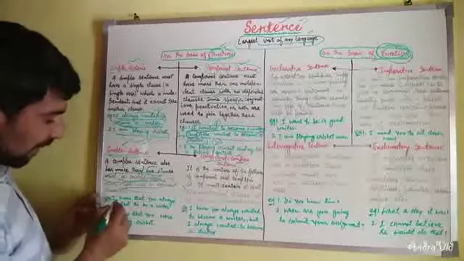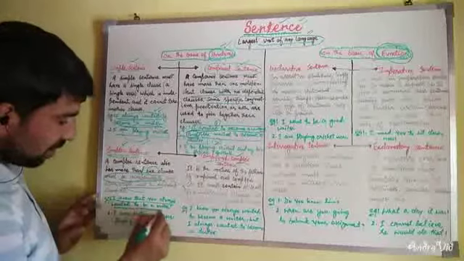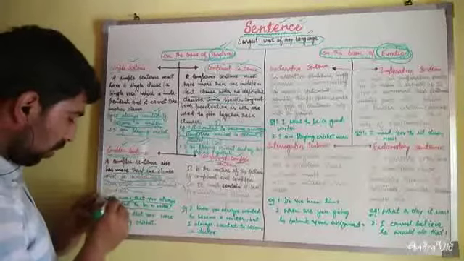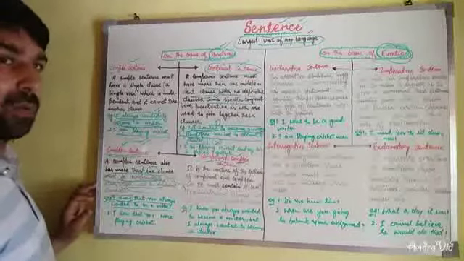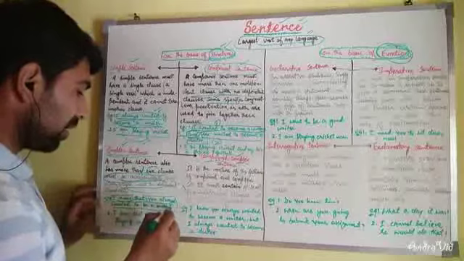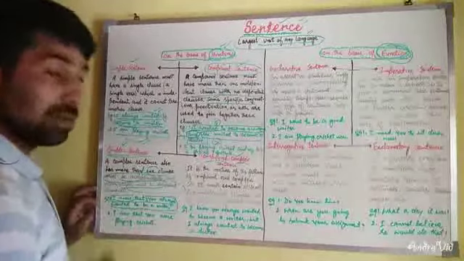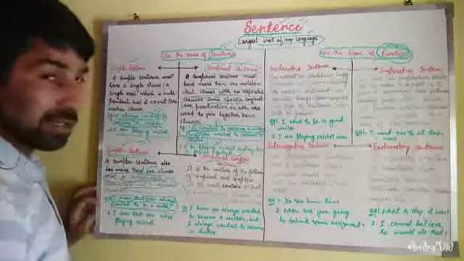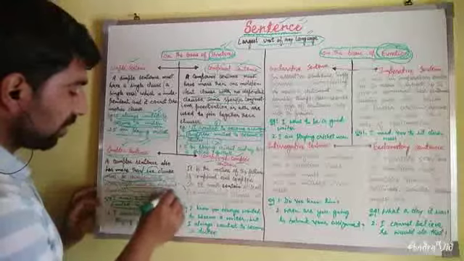Look here. I know that you always wanted to be a writer. You always wanted to be a writer is an independent clause.